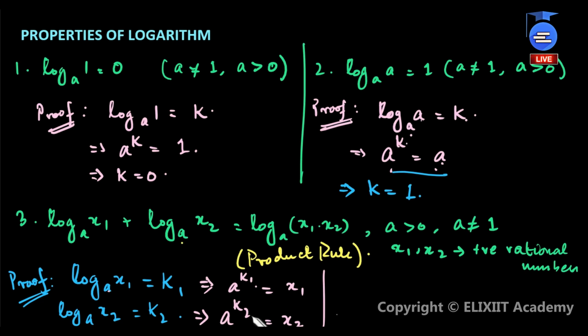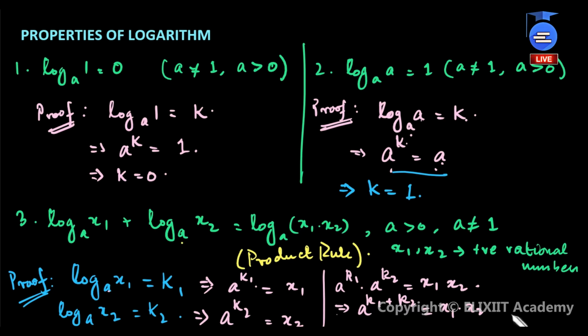Multiply a to the power k1 into a to the power k2, which is equal to x1 into x2. That is a to the power k1 plus k2, by properties of indices, equal to x1 into x2. Clear with this?